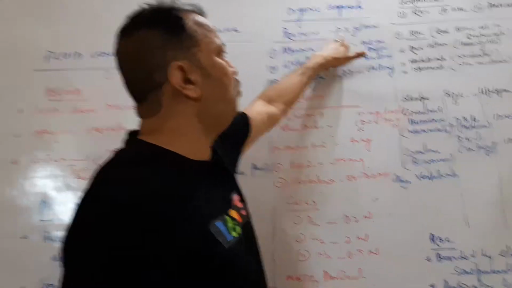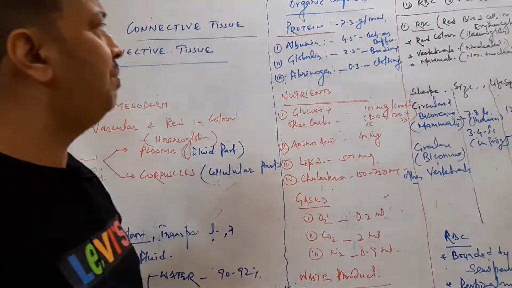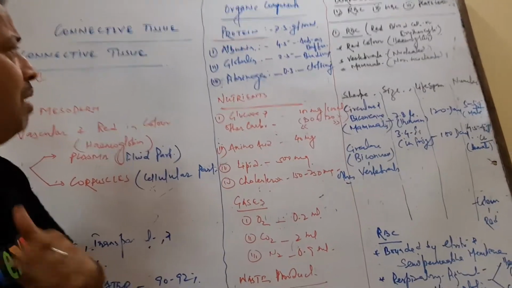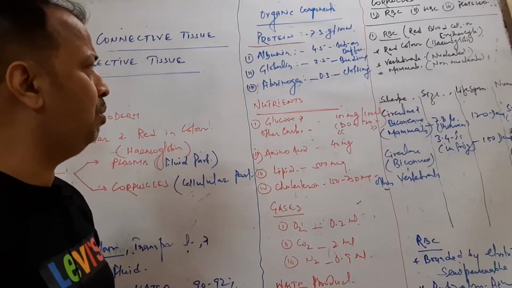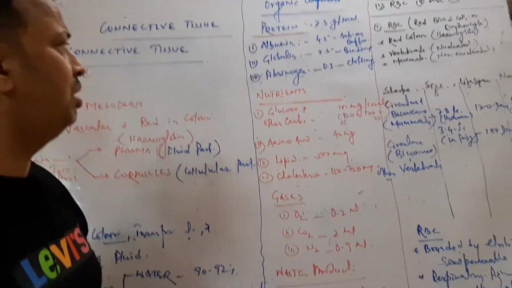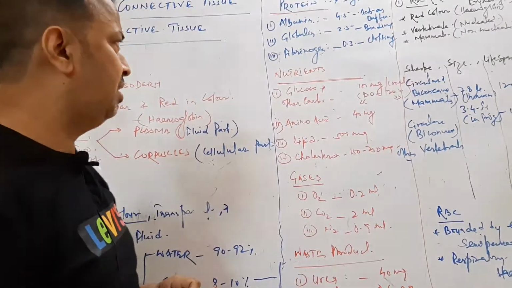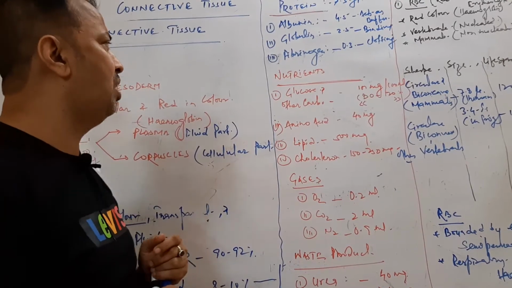Total protein is 7.3 gram per 100 ml of blood: 4.5 albumin, 2.5 globulin, and the least amount fibrinogen, which helps in the coagulation process.